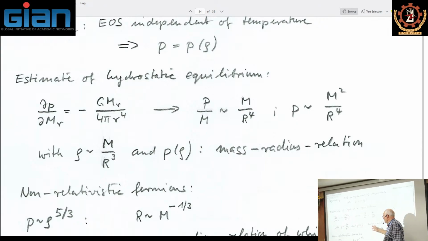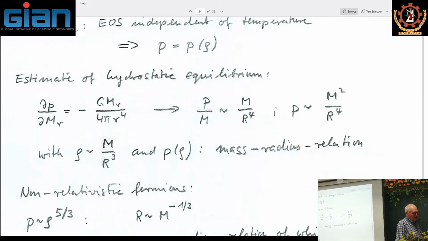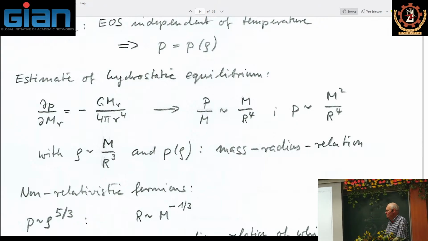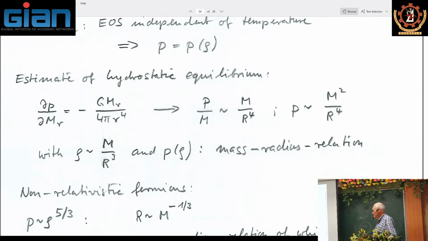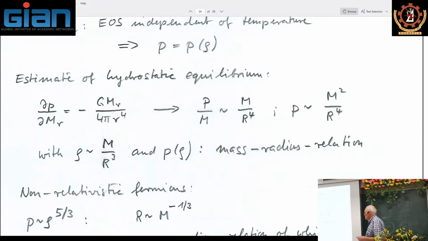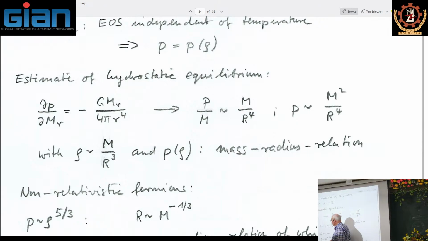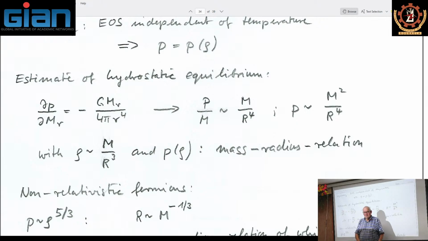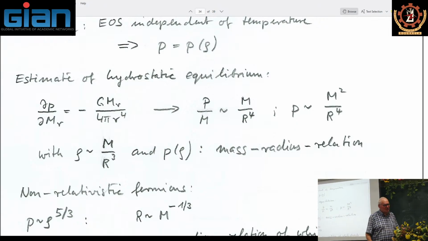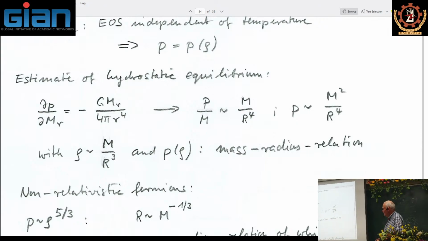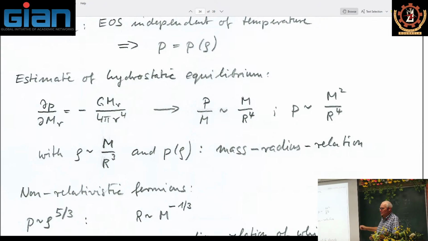So if we assume the equation of state for non-relativistic fermions, for instance non-relativistic electrons, then we have seen that the pressure goes with density to the 5/3, and once we insert this relation into our pressure mass radius relation, it's perhaps nice if you do it as an exercise.